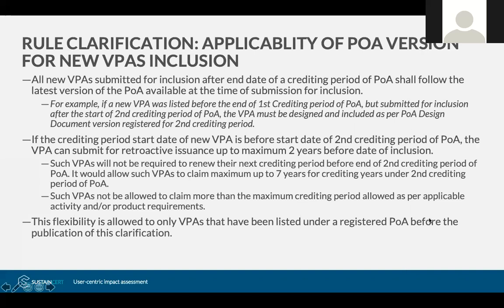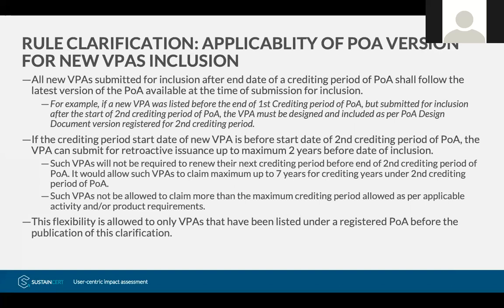However, if the crediting period of a new VPA is before the start date of the second crediting period of that POA, then in those cases the VPA can submit for retroactive issuance, which, as you all know, would be maximum 2 years before the date of inclusion.